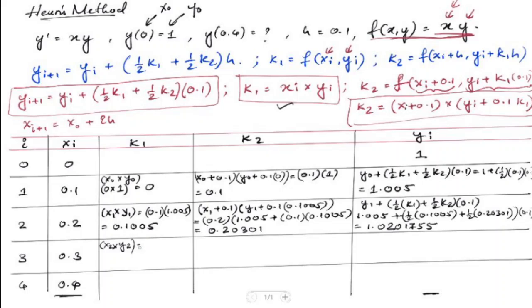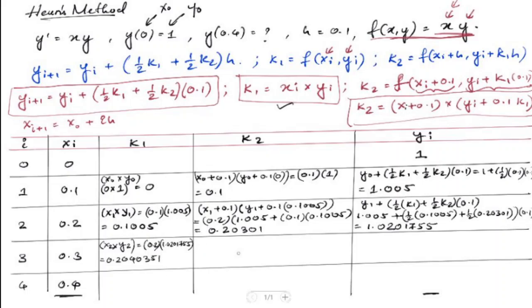So here we have x2 is 0.2 and y2 is a long number, 1.0201755, and when you multiply them you get the value as 0.2040351.